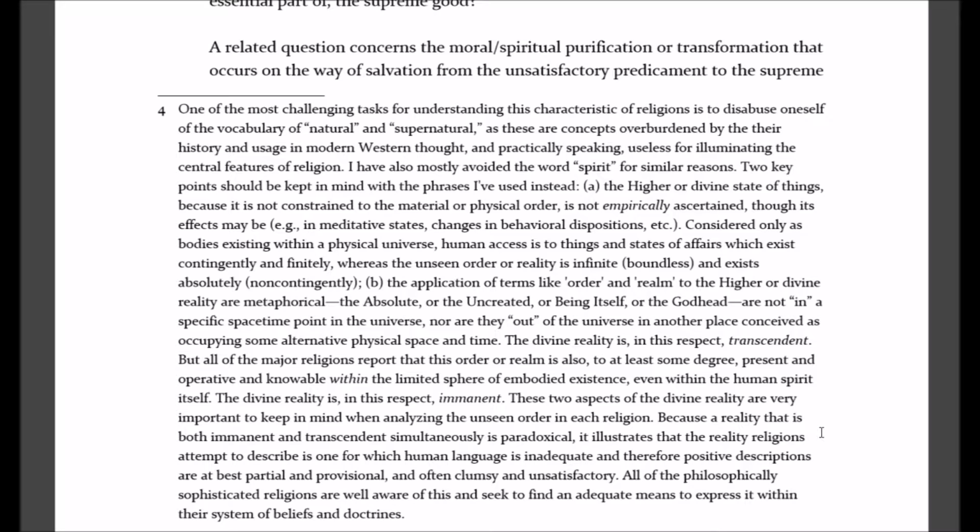If it's unseen, that means it isn't accessible to the senses or the extensions that we can add to our senses, to help us see further or see smaller, or hear better. So whatever this unseen order is, it is inaccessible to the senses, but it's real.